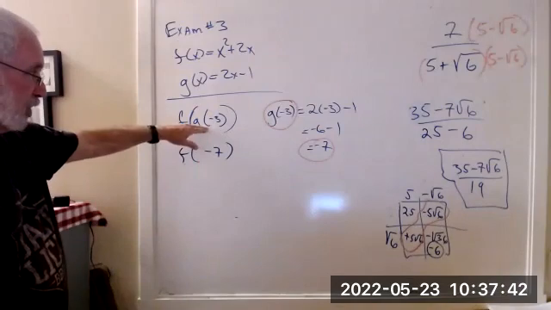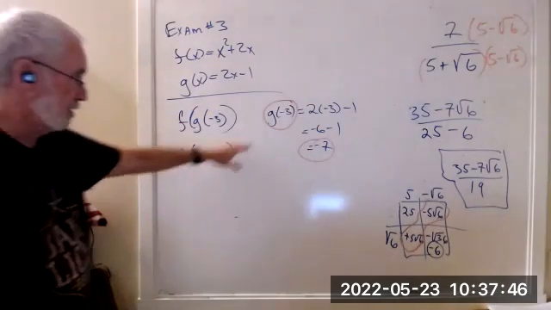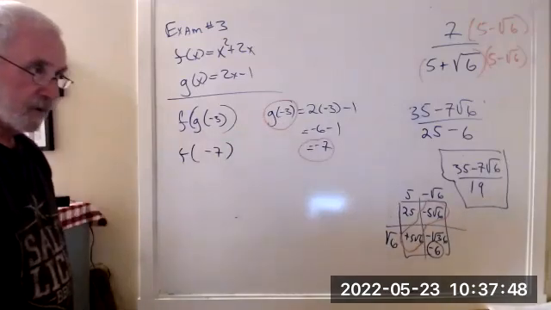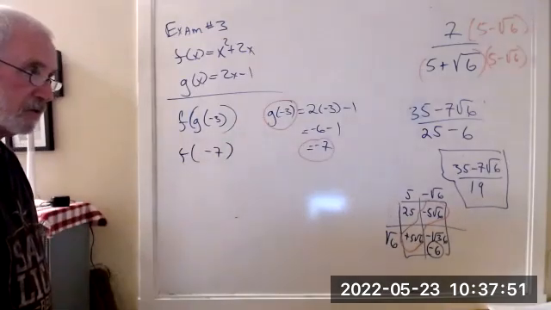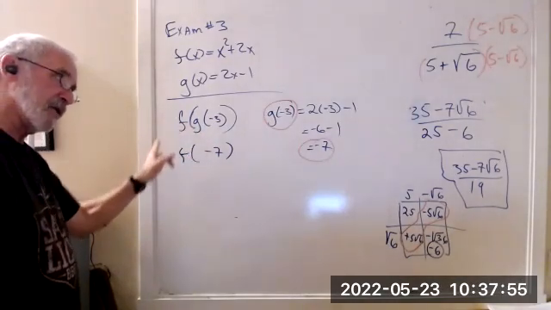So I replace g of -3 with the value -7 because of this work here. Well, what's this asking me to do? It's saying take the -7 and plug it into the f function.